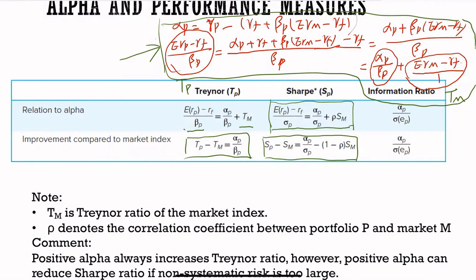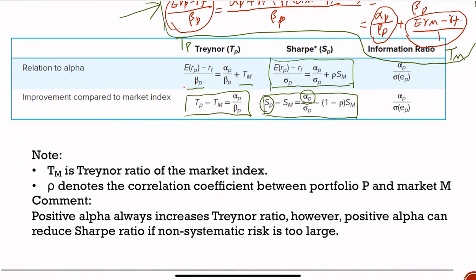So what you can see here is the Sharpe ratio of the portfolio and the Sharpe ratio of the market, they're related, right? So again, you can see that if you have a larger alpha on your portfolio P, then the improvement in your portfolio P's Sharpe ratio will be larger, right?